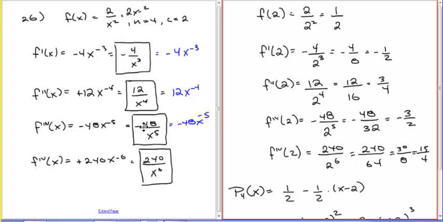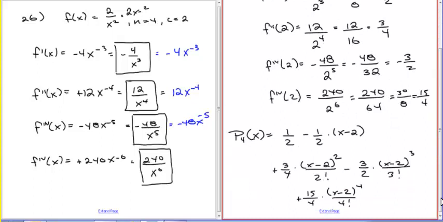Then we have negative 48 divided by 2 to the fifth. Reduces to that. And the final one is 240 over 2 to the 6, and reduces down to that.